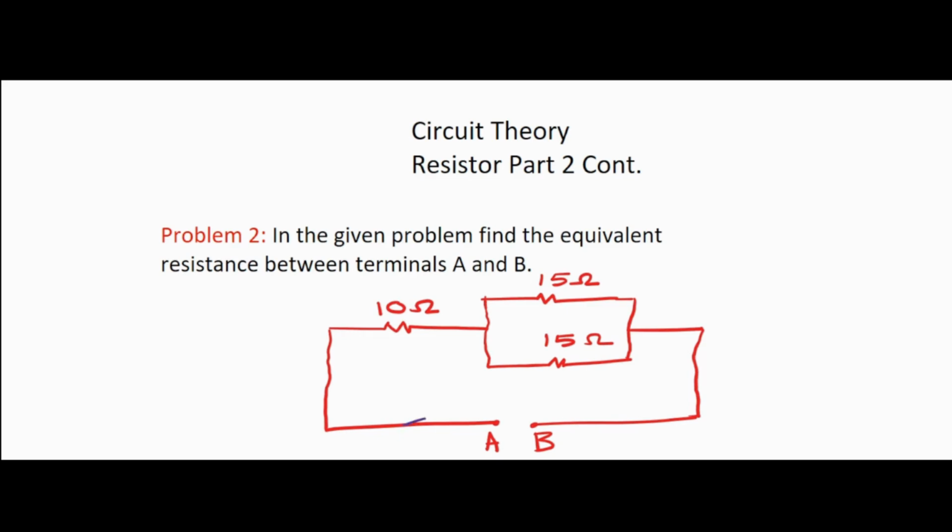The current will be divided at the junction here. At this junction, the current is divided into branches.